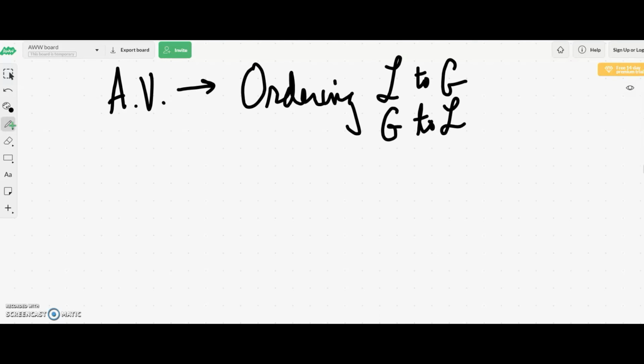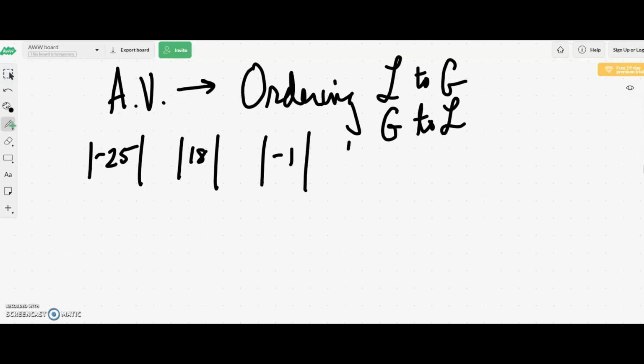I'm going to give you 4 numbers: the absolute value of -25, the absolute value of 18, the absolute value of -1, and the absolute value of 26. What I want now is for you to find the least to greatest.